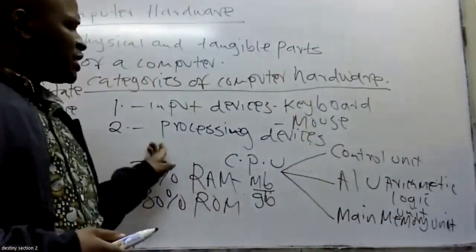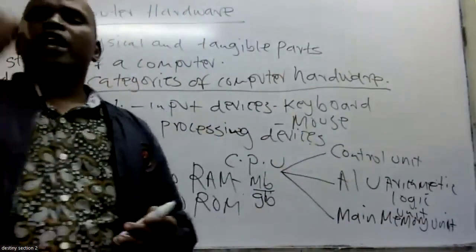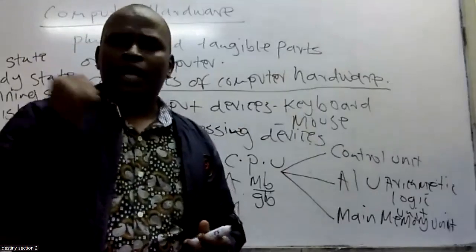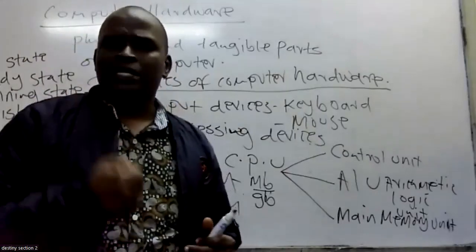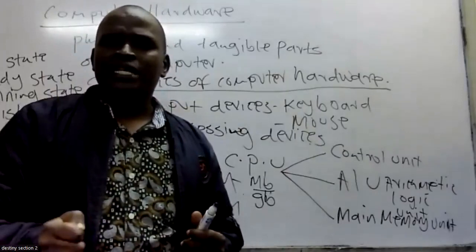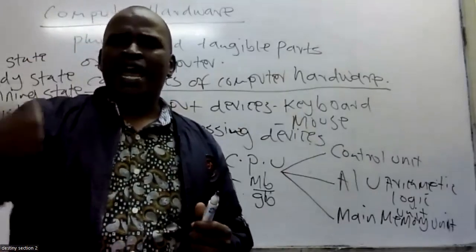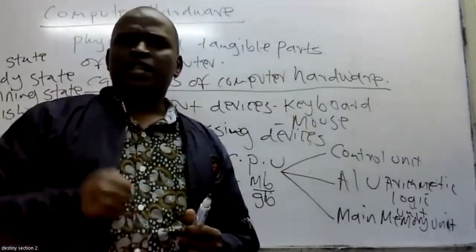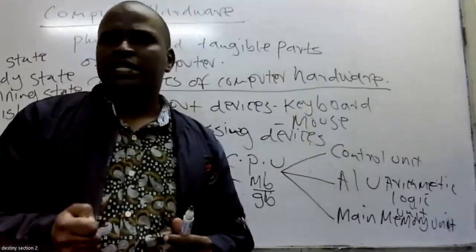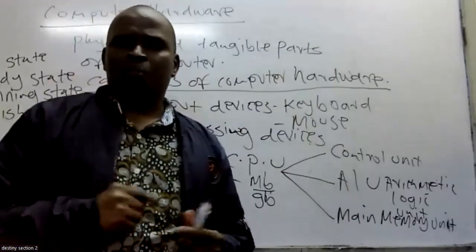These processing devices relate to the operating system, because under the operating system is where we manage the processing. There must be management of the processing because we only have one CPU.